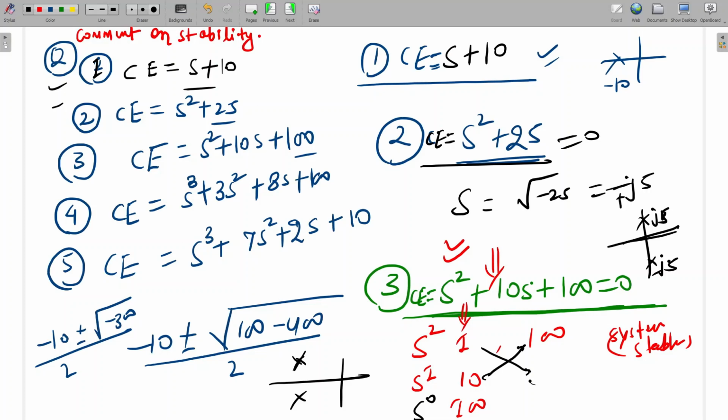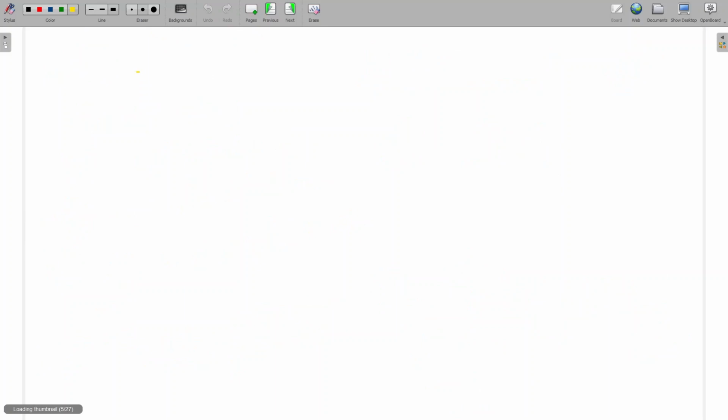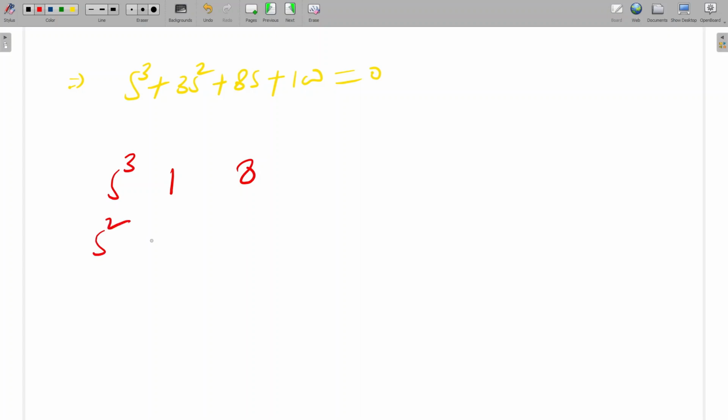Okay, so the fourth and fifth questions are cubic equations. So s cube plus 3s square plus 8s plus 100 equal to 0. If you write the RH criteria, for s cube, what are the coefficients? 1, then 8. Again s square, 3 and 100.